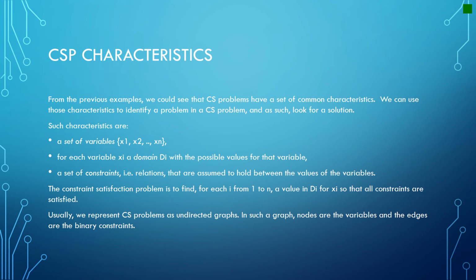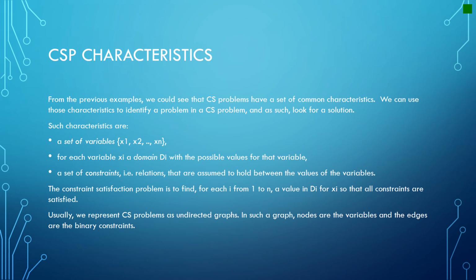From the previous examples, we could see that constraint satisfaction problems have a set of common characteristics. We can use those characteristics to identify a problem as a constraint satisfaction problem and also look for a solution. Such characteristics are a set of variables, such as x1, x2, all the way to xn.